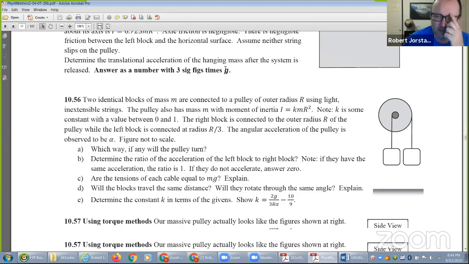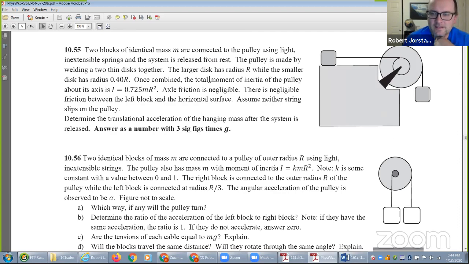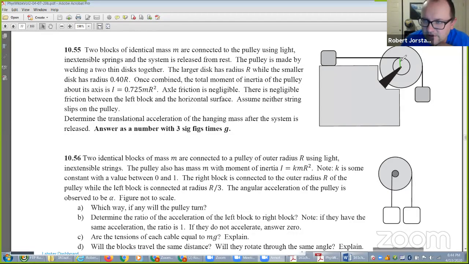So when you look at this one, the same problem, the main difference here is, you saw me allude to it, there's a radius for this one. We'll call that, it looks like that's 0.4 R. Oh, I'm running out of room here. Sorry.